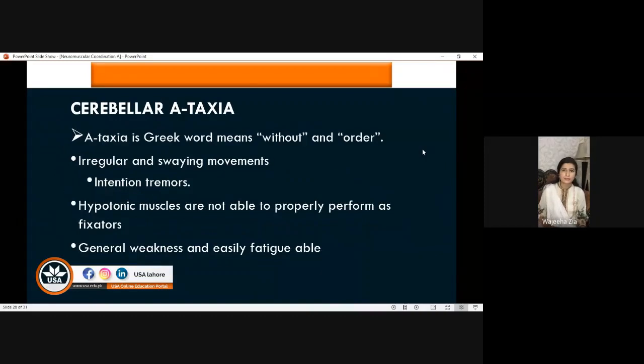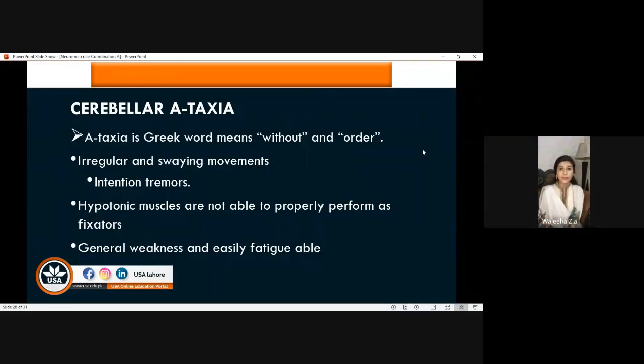Cerebral ataxia. This is also known as motor ataxia. In this, the person is able to perform all the movements, but whenever that person performs a movement, it leads to the addition of some extra movements. Like we have studied in walking aids, we have to give the rollator frame to the person with ataxia.